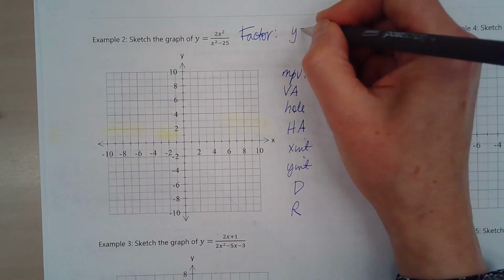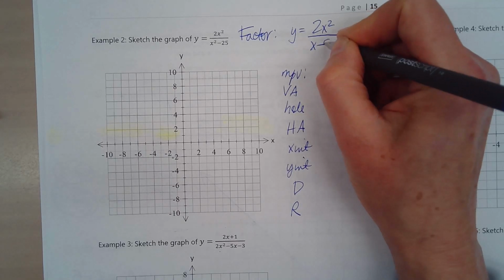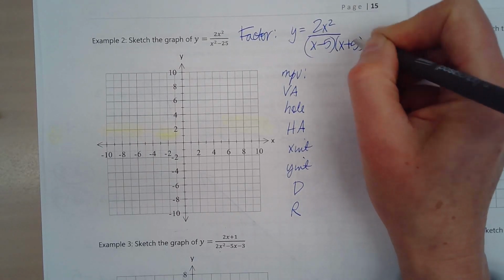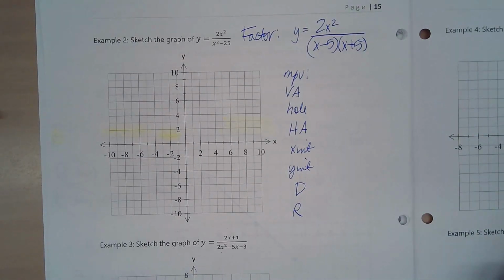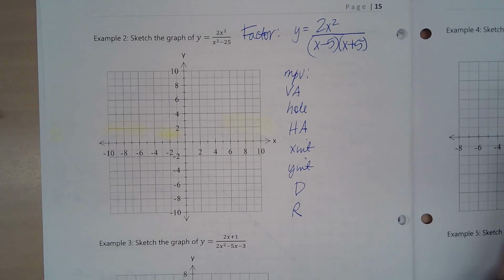It looks like I can factor this one, right? 2x squared all over (x minus 5)(x plus 5). Carl, do you want to start me off? Do I have any canceling? No canceling, so no hole.